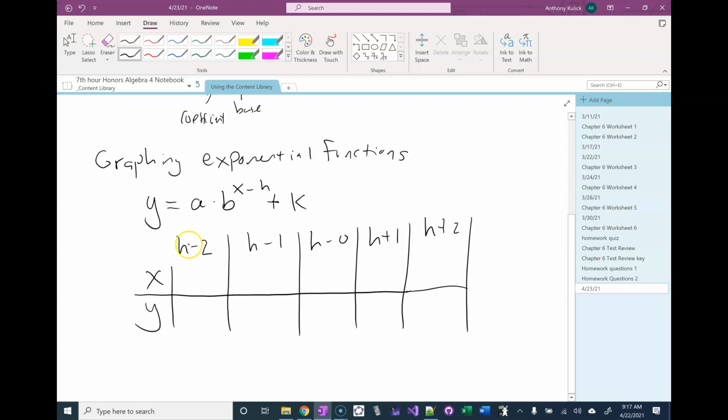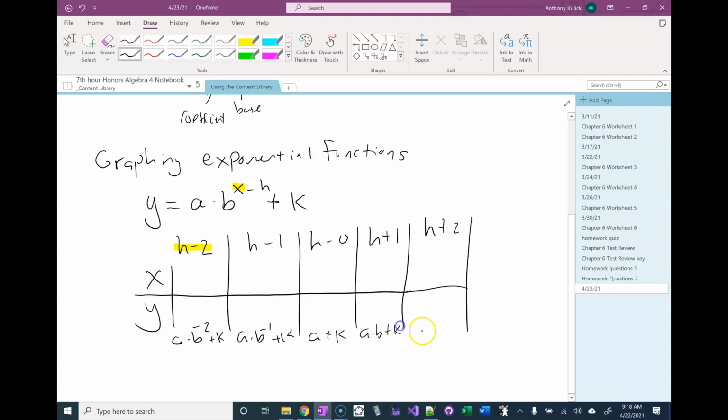What it'll simplify down to, though, if we look at this closely, if I plug in h minus 2 for x, the positive h and the negative h will cancel. So really I'm going to have a times b to the negative 2 plus k. And then similarly, I didn't include the b here because you have b to the 0, which is just 1.